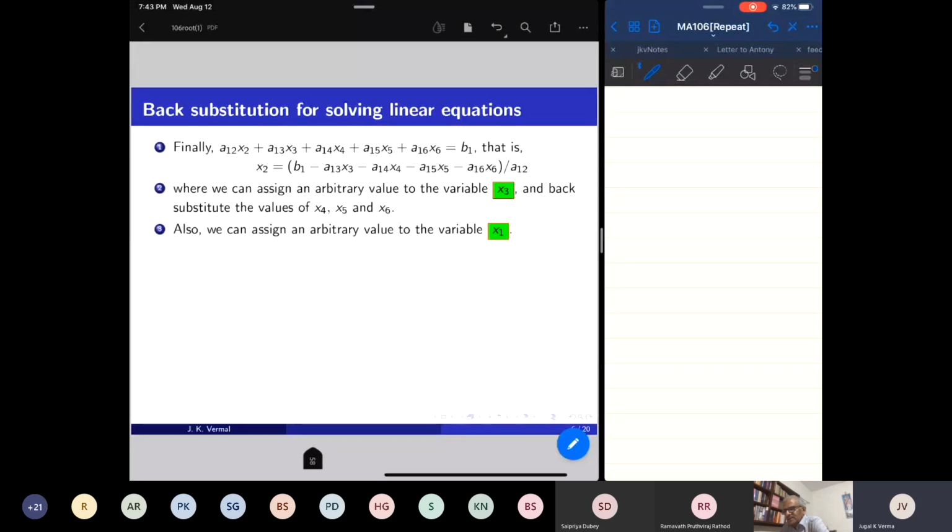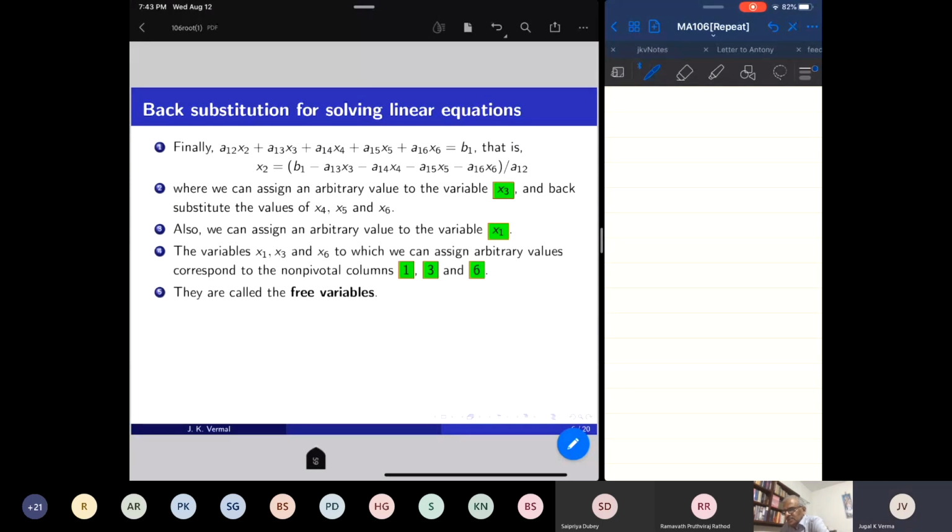And x1 can also be assigned arbitrary value because it is a non-pivotal variable. We don't know whether a11 is 0 or not. So the variables x1, x3, x6 can be assigned arbitrary values, corresponding to non-pivotal columns 1, 3, and 6. They are the free variables because we can assign any values to them.